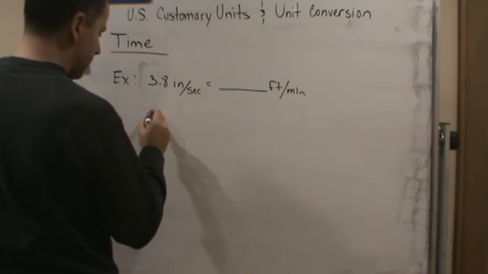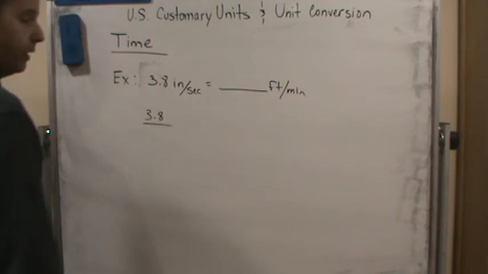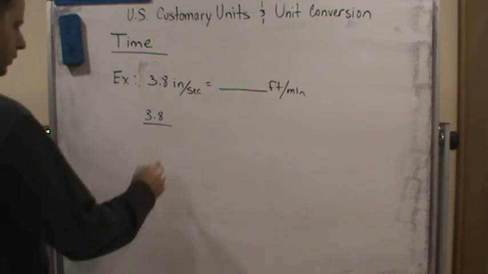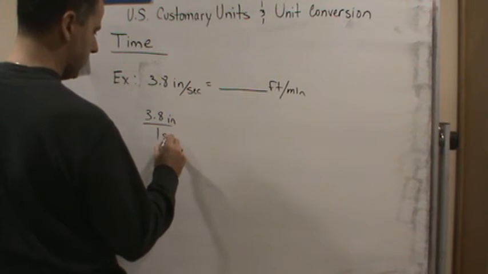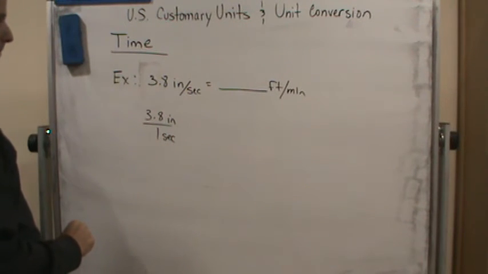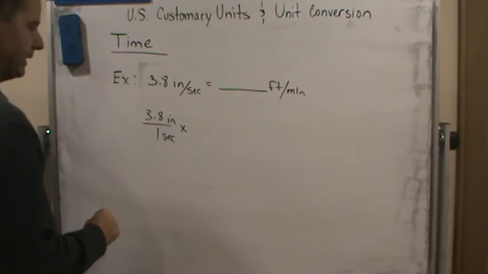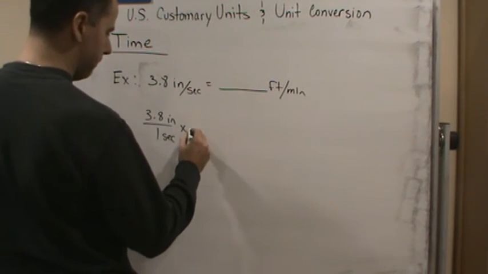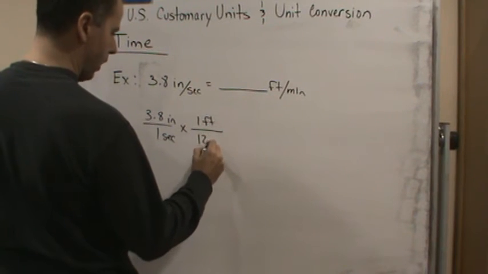Let's start by just setting up our conversion. So this is going to be inches over seconds, right? Now I'm going to start multiplying, and first of all, I need feet on top. So that means I'm going to use 1 foot for every 12 inches.